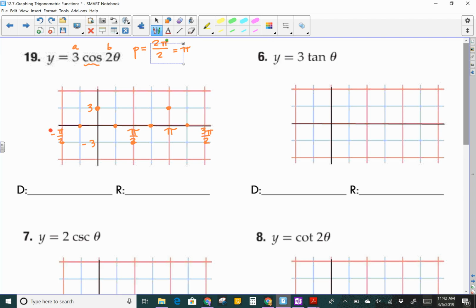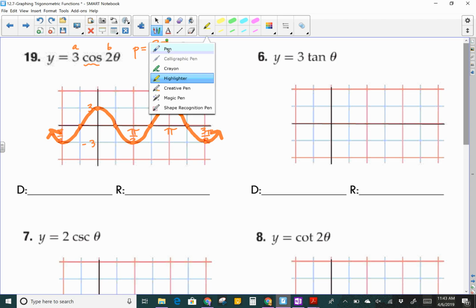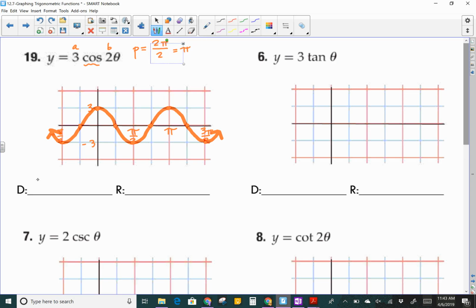So this is my min. So it looks like this. Okay, and domain and range. Domain again, negative infinity to positive infinity. And the range is -3 to +3.